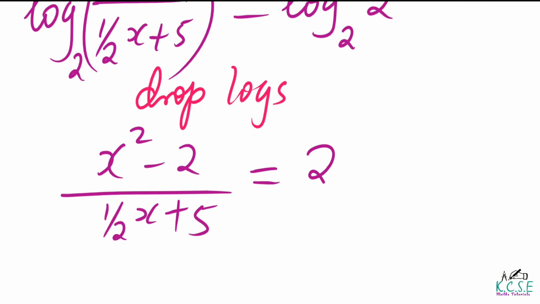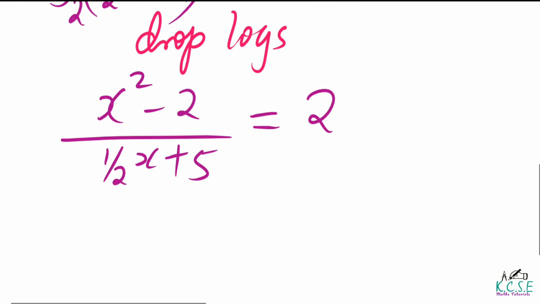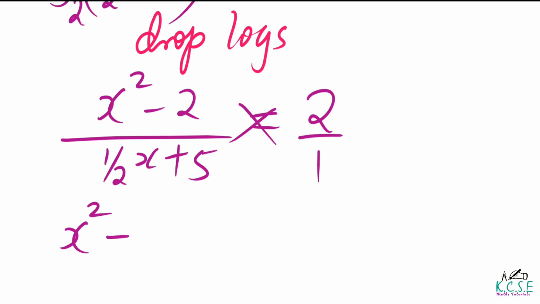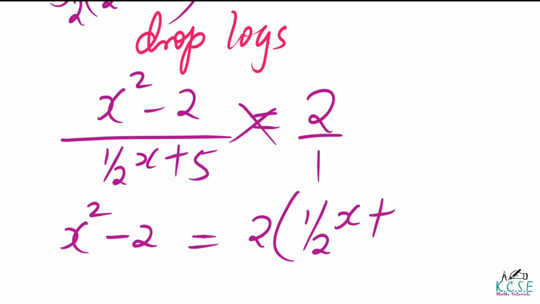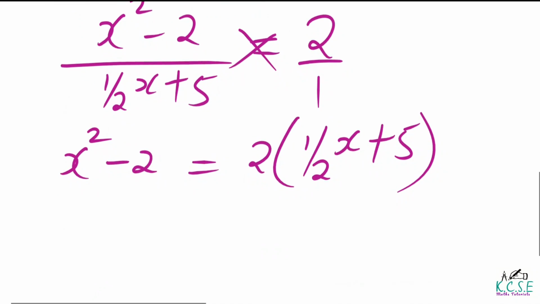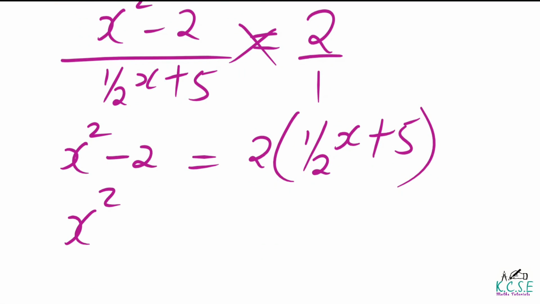So from here now we can solve for x, and we're going to let this 2 be 2 over 1, then we cross multiply, and this will give x squared minus 2 multiplied by 1 to be that, then 2 times a half x plus 5, so we get x squared minus 2 is equal to x plus 10.